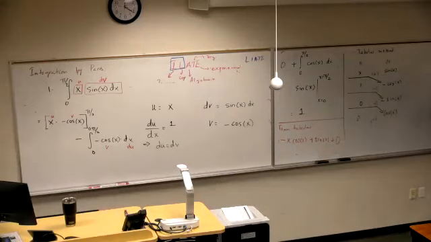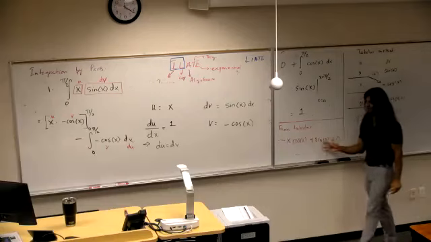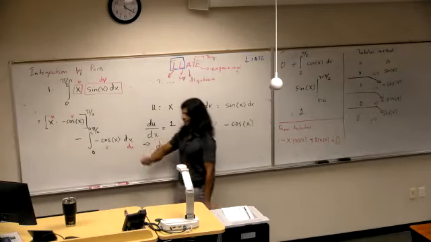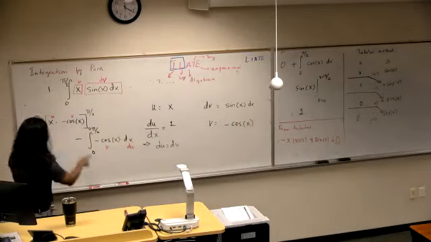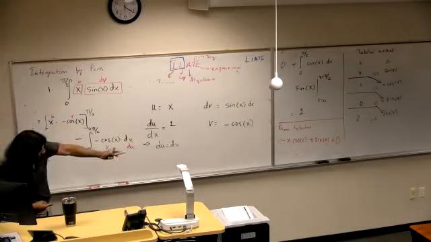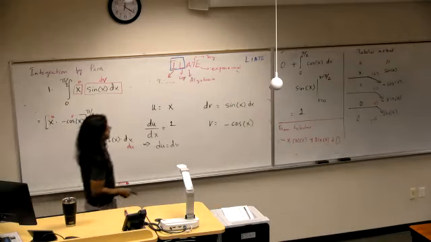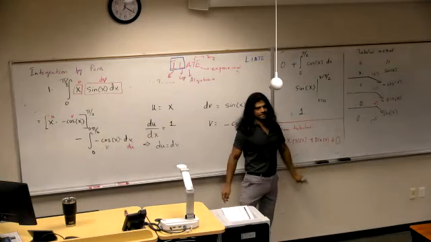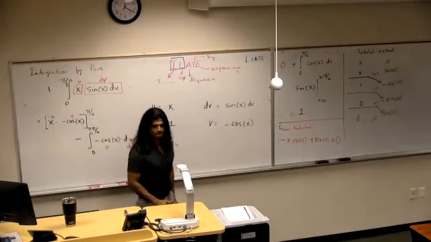Past that point, you're just adding zeros, so don't worry about it. Good. This answer right here is what we had up there. Negative x cosine x is the first term. Sin x is the second term, right?